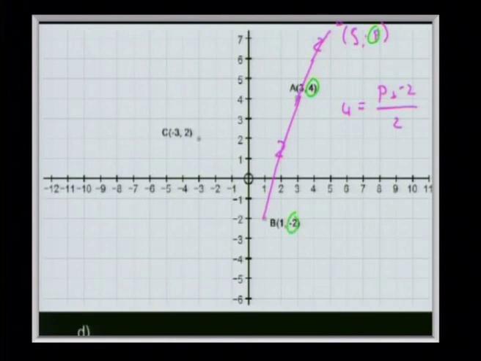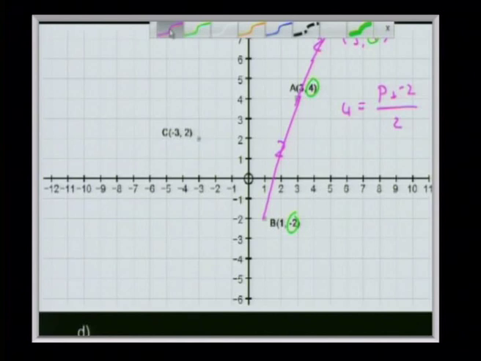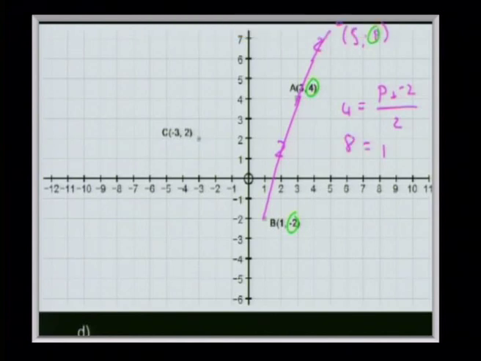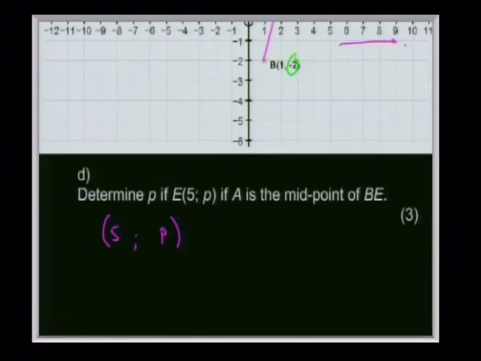So all I'm doing is taking the average of the outside 2, and I've got to get the middle one. So going back here, 8 is equal to p minus 2, so p would be equal to 10. Using our midpoint formula in a slightly different way. Moving on to our next sub-question.